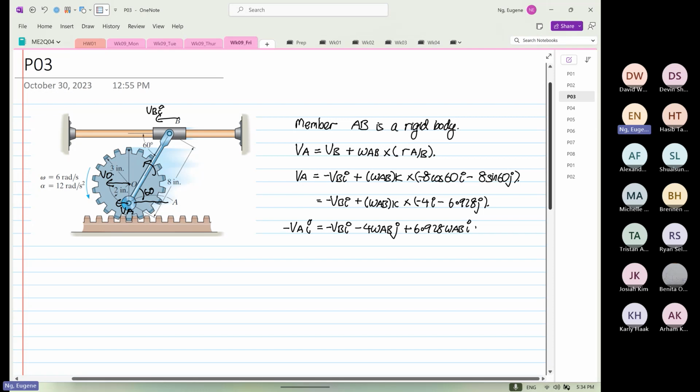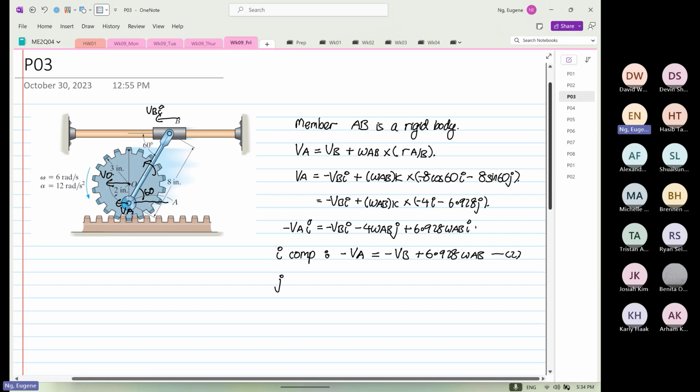Okay. So if we were to write for the I component, we know that we have a minus VA is equal to minus VB plus 6.928 omega AB.